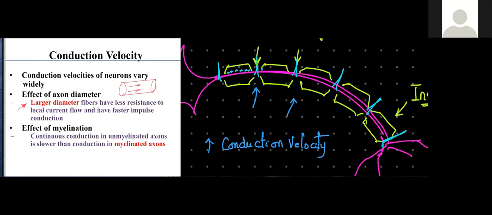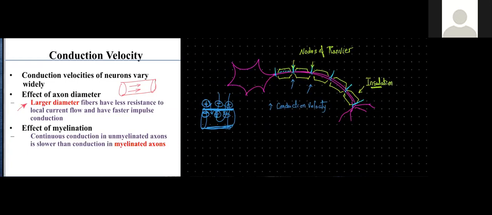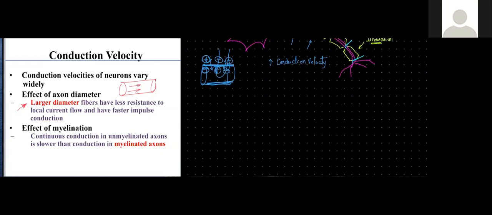All right, so what I will do here, if you check a nerve fiber like this, you compare, this is an unmyelinated nerve fiber. This is the myelinated nerve fiber. It has myelin sheath on top of it, like this.